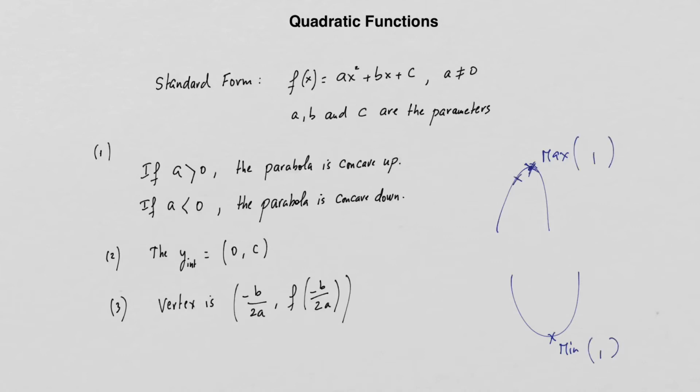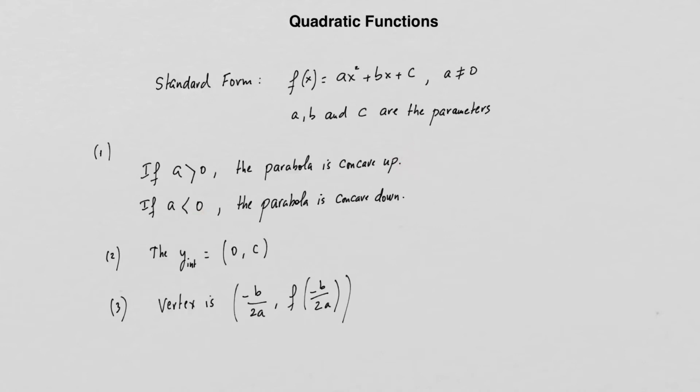This point is more important than all the other points. So this third idea is addressing the idea of the vertex, which is the highest point or the lowest point based on whether my parabola is facing up or facing down. If it is facing up, my vertex will be a minimum, isn't it?